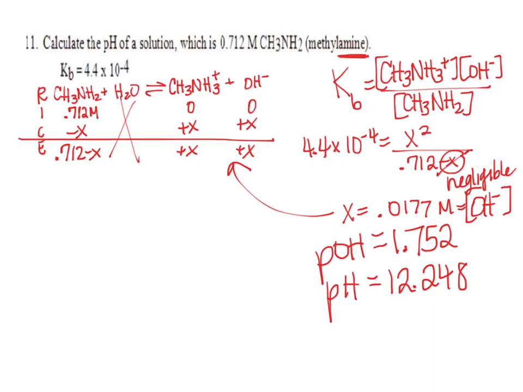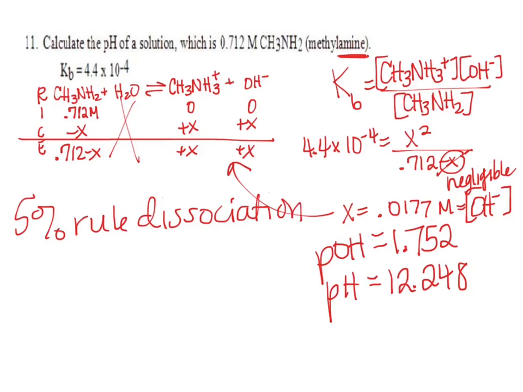So did we solve the problem? Calculate pH, yes. All right, so I'm going to tell you right here, the 5% dissociation rule. You can say that X is negligible if you fall under the 5% dissociation rule.